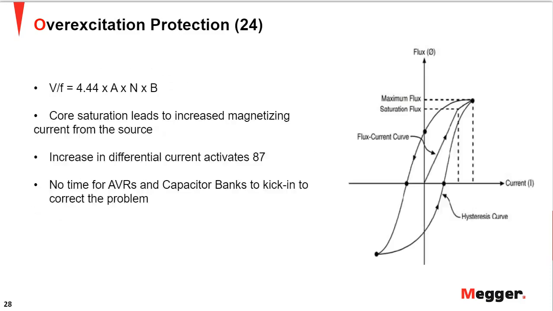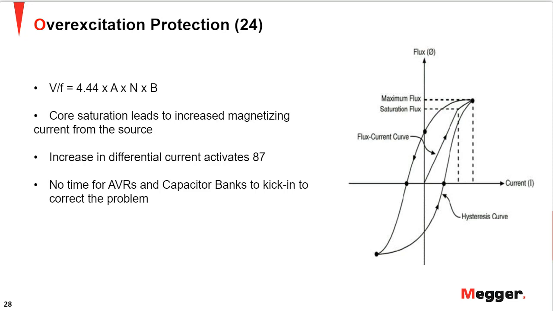And we'll look into this equation here for volts per hertz. The overfluxing in the transformer depends on some factors, right? It depends on the cross-sectional area of the core, number of turns, and your magnetic flux density. It depends on all these factors, and that's why volts per hertz is used to detect overexcitation.